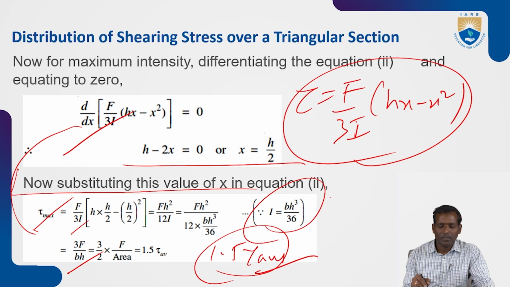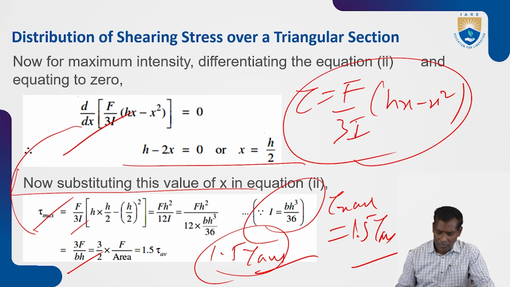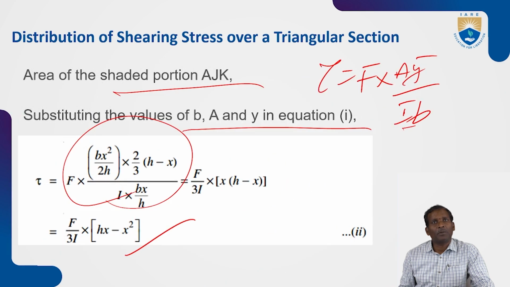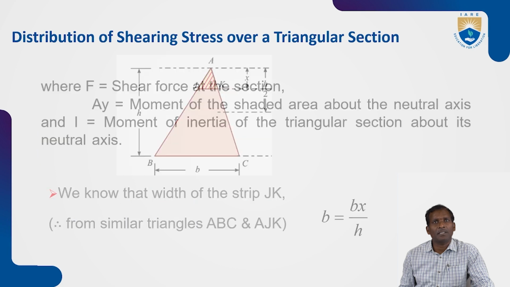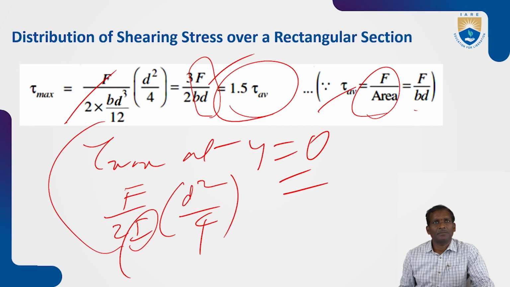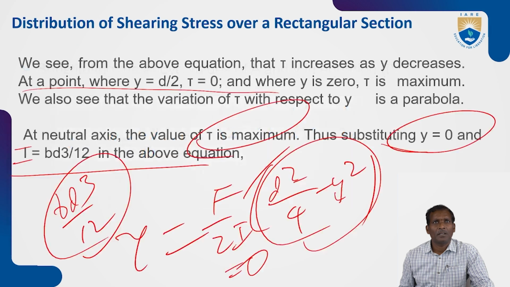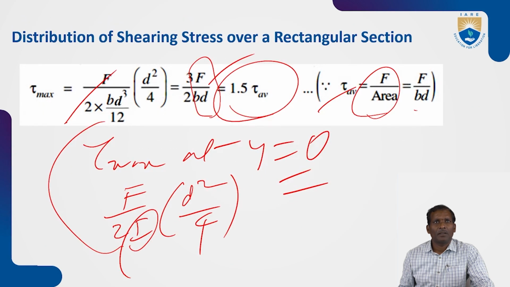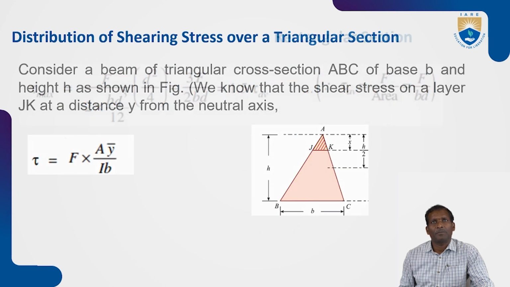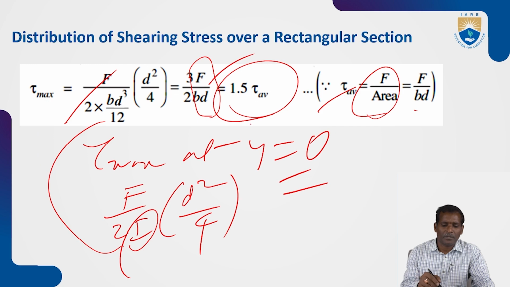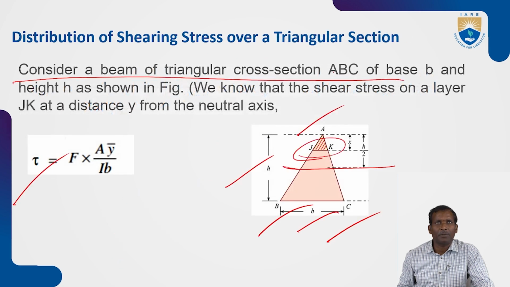So that shear maximum for a triangular section is 1.5 times the average shear. In the previous rectangular section, how much did we get? 1.5. The rectangular section shear maximum is equal to 1.5 times the average shear.